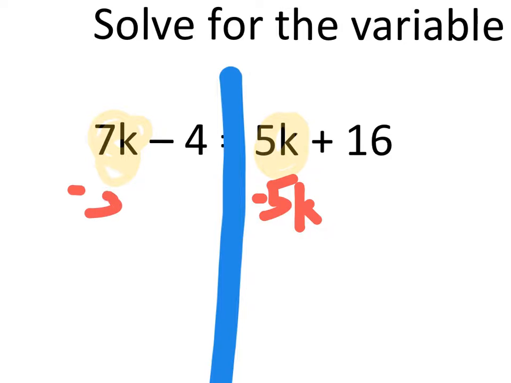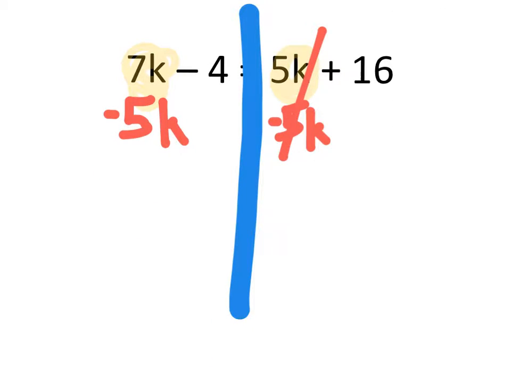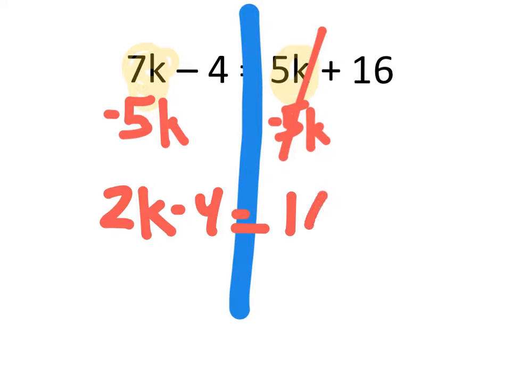Here's what will happen when I do that. On this side of the equation, it's going to cross off, now leaving us over here with 2k subtract 4, is equal to our 16.